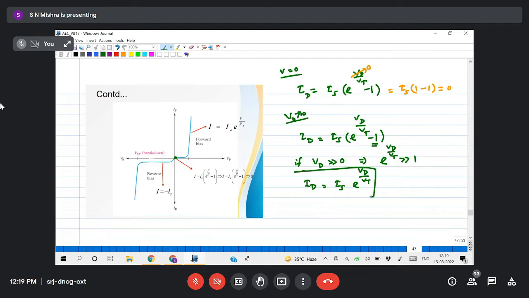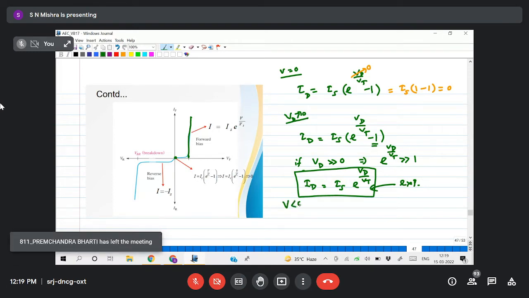Now you see, this is an exponential function with Is. That's why after this point, the current increases exponentially due to this exponential function.